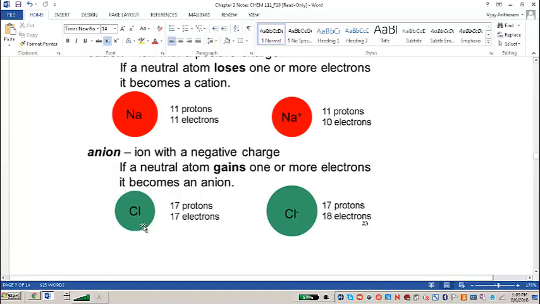Notice the size of the circle here. Chlorine has this size. Cl minus, is it bigger? Well, it has gained 1 electron. By virtue of gaining an electron, it's gained that electron density, it's gained that wave function. So, yeah, the Cl minus anion is going to be bigger than the neutral Cl atom. The Na plus cation is going to be smaller than the neutral sodium atom.